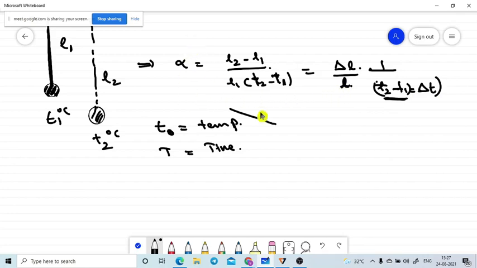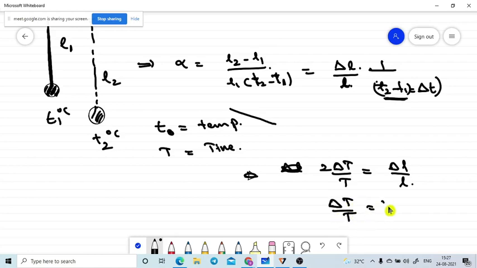In the previous formula we arrived at 2 delta T divided by T is equal to delta L by L. After that, delta T by T is equal to 1 by 2 into delta L by L. We need the delta L by L value here.